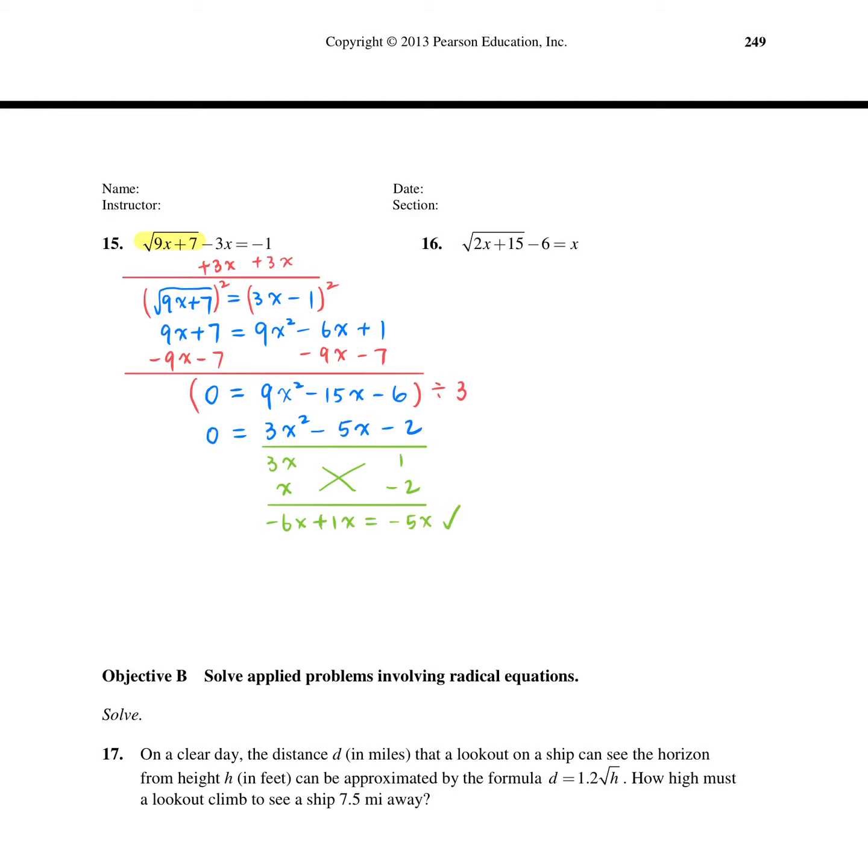So you write your factor form horizontally. We have 0 equals 3x plus 1 times x minus 2.